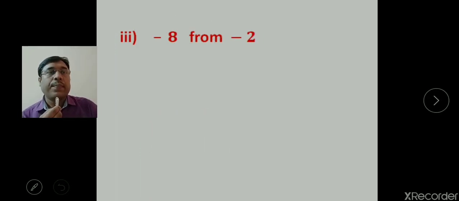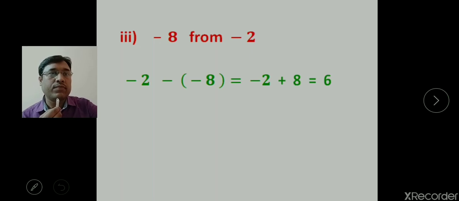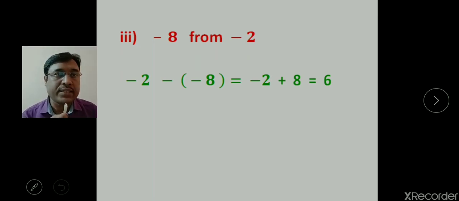Now here both the numbers are negative. Subtract minus 8 from minus 2. Then we can write it in the given way: minus 2 minus minus 8. Again these two minus signs in between, they will multiply, giving the result plus, because minus into minus, that means negative into negative, gives the result positive.